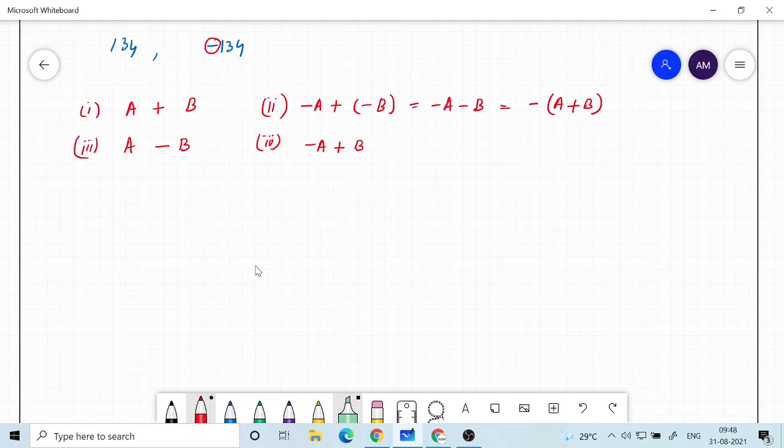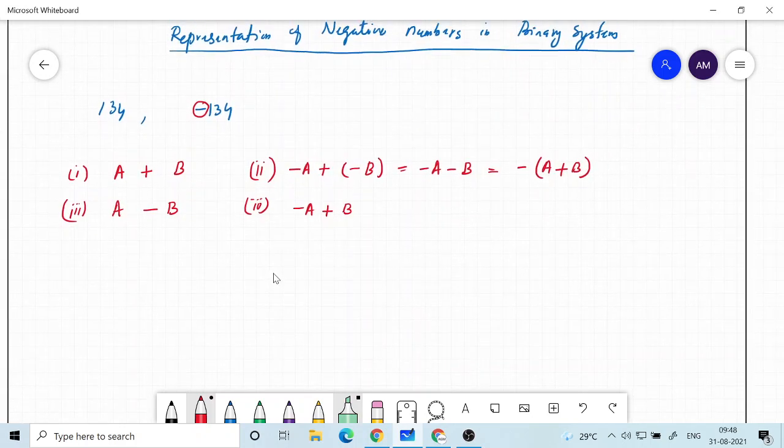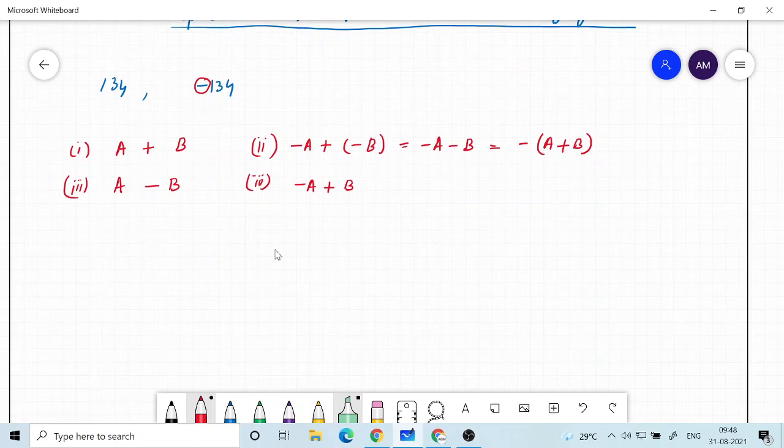Therefore this way of representing negative numbers becomes inconvenient when you try to make the machines or computers do the arithmetic operation. So alternatively, people thought about what other way we can improve the efficiency of arithmetic operation, which includes negative numbers. So that's what we are going to look at.